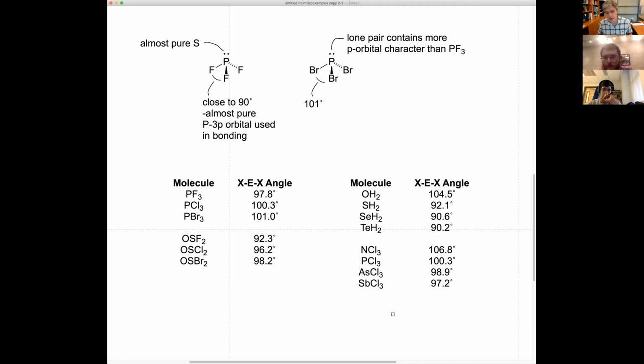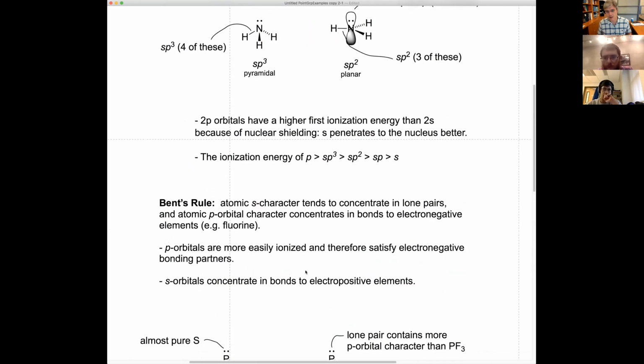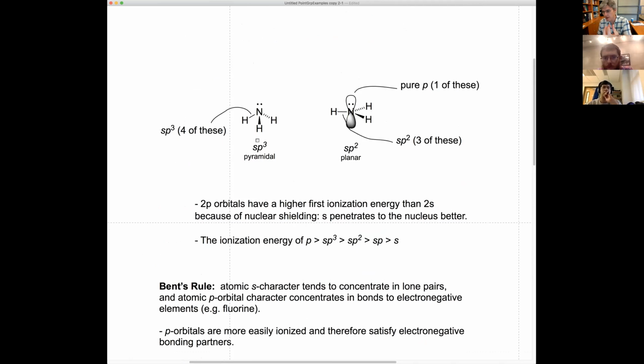So if you have an amine that's more pyramidalized, it's a less basic amine than one that's planar. It's easier to deprotonate an sp2 carbon than an sp3 carbon. It's easier to deprotonate an sp CH than an sp3 one.